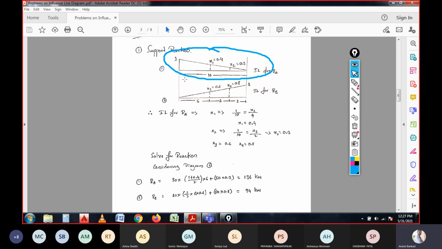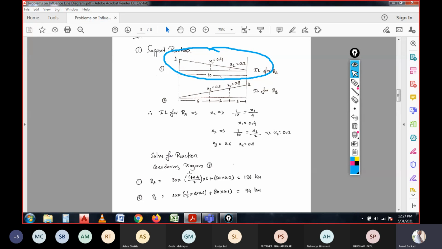Whenever a UDL is considered, that load is multiplied with the area of the influence line diagram. Since here we have a trapezoidal area, we take the average of the heights on both sides, multiplied by the total distance between these two.